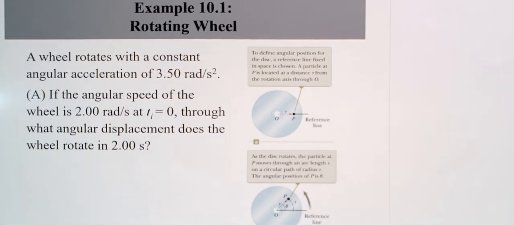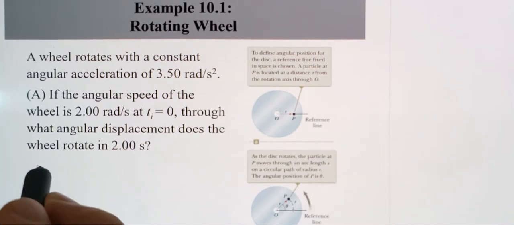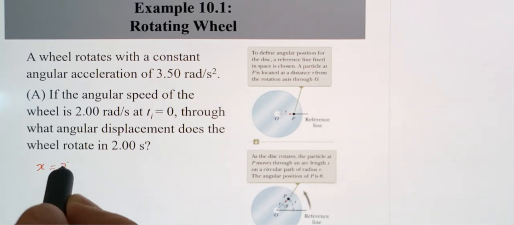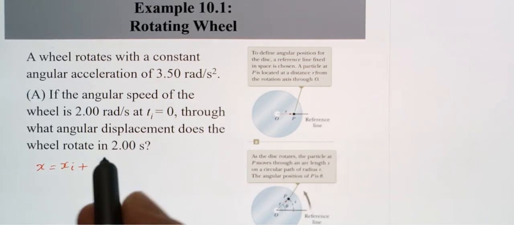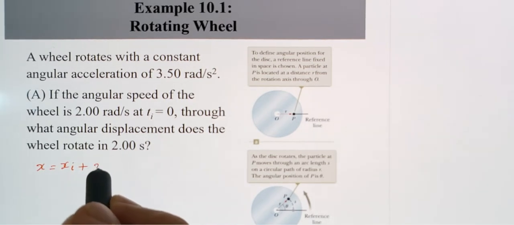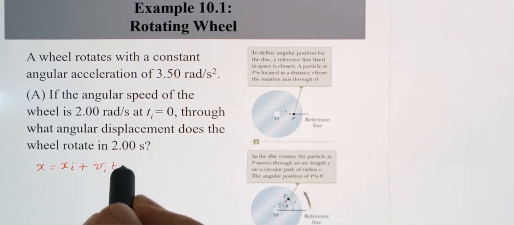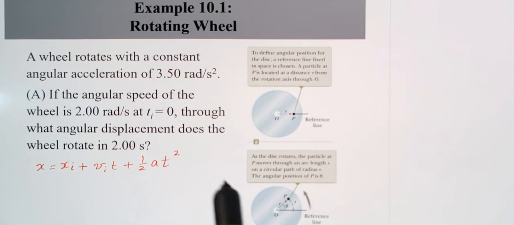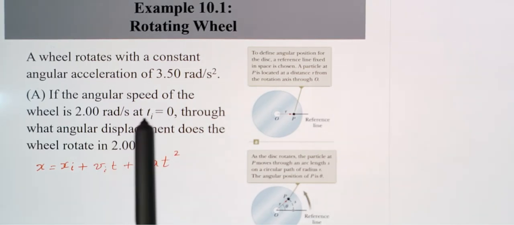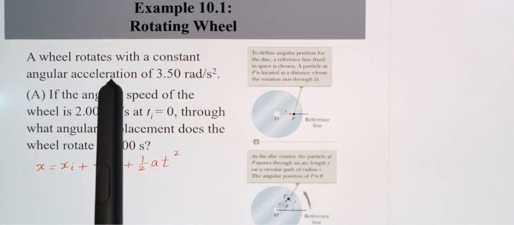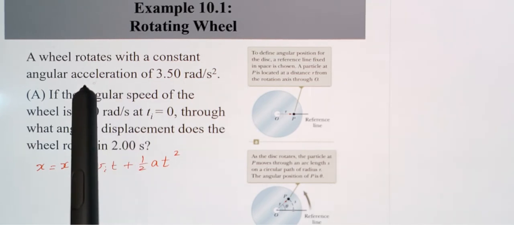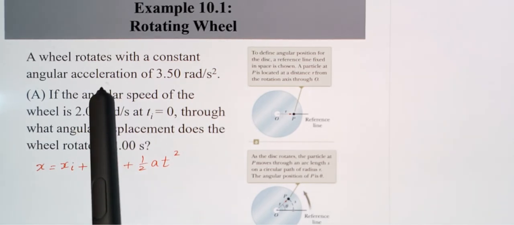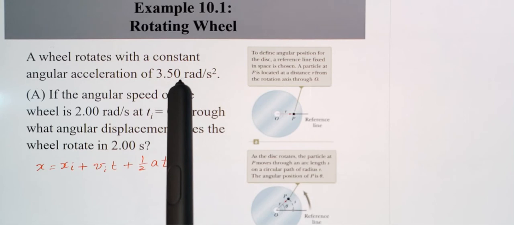Okay, this is equivalent to previously when we have x is equal to x naught plus v naught t plus half a t squared. So instead of angular acceleration, before we said the object has a linear acceleration, 3.5 meters per second squared.